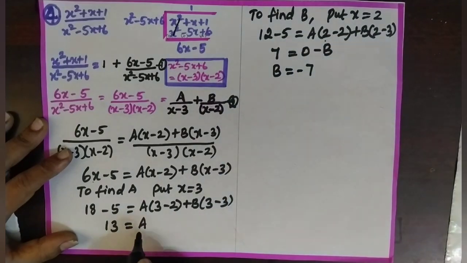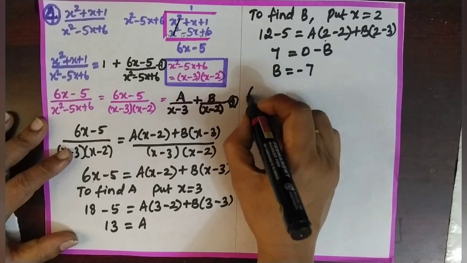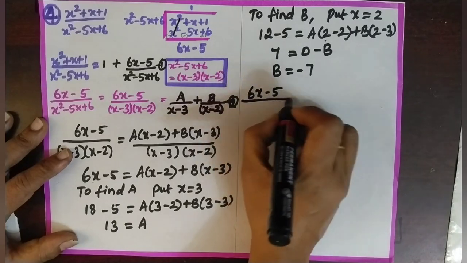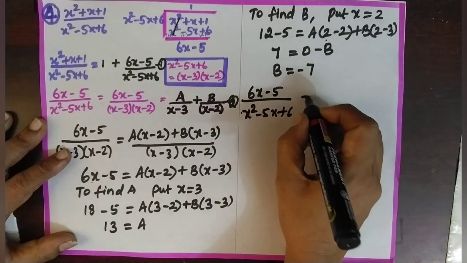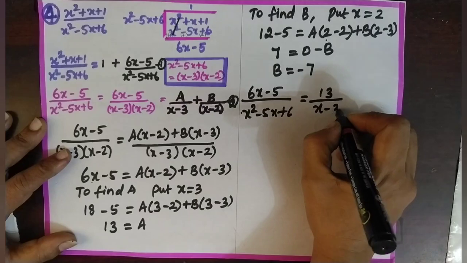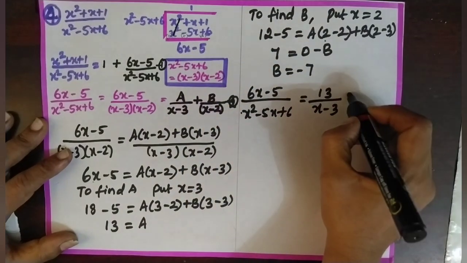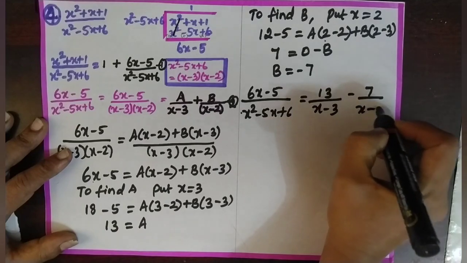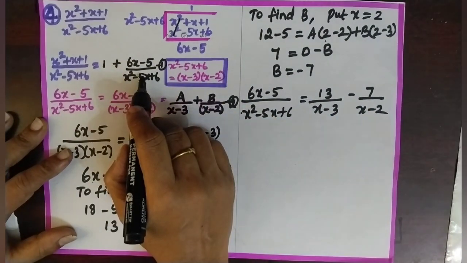Now substitute the values of a and b in 2. Then we get (6x minus 5) by (x square minus 5x plus 6) equal to a value is 13, 13 by (x minus 3). B value is minus 7. Plus minus is minus. Minus 7 by (x minus 2). Next, this value has to be substituted in 1.